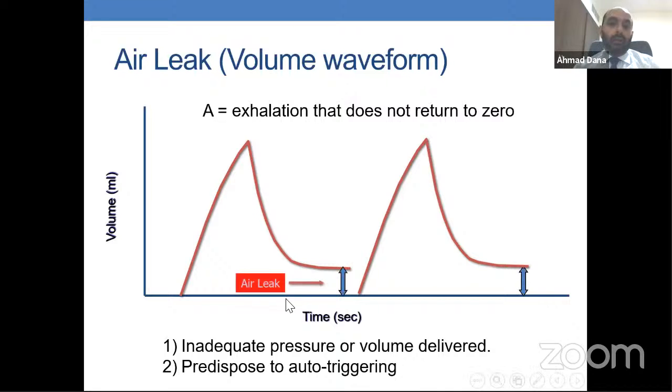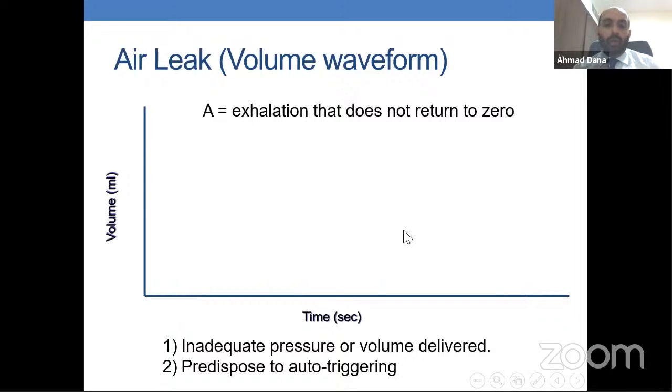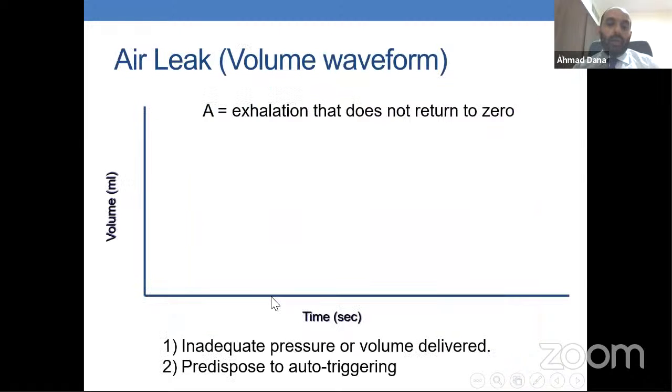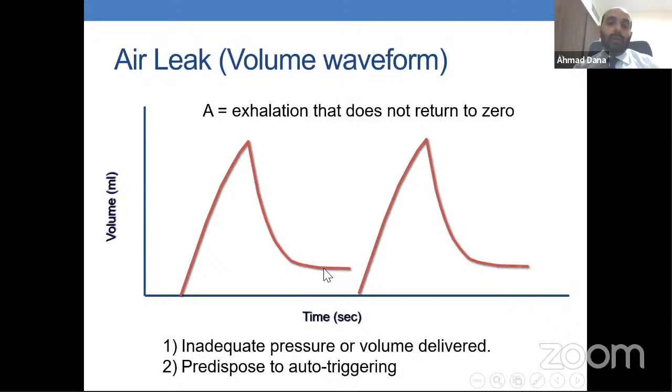So this is the way it looks. The problem when there is a leak in the flow wave, as we said, when there is a leak around the ET tube, is that the air is not reaching the baby properly, so less volume reaches the baby.